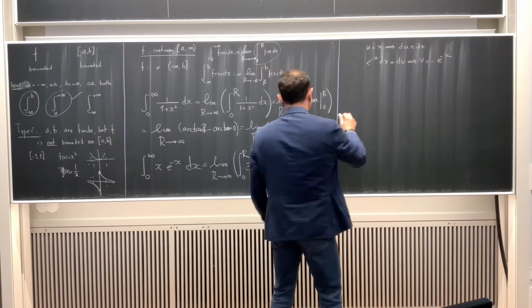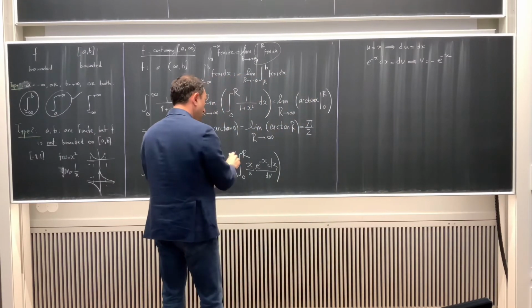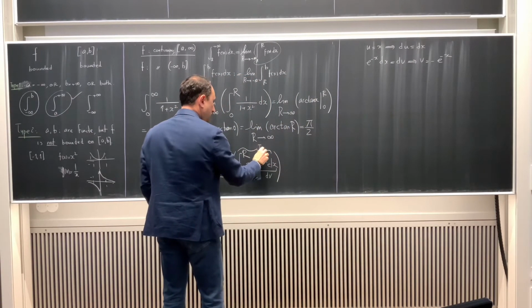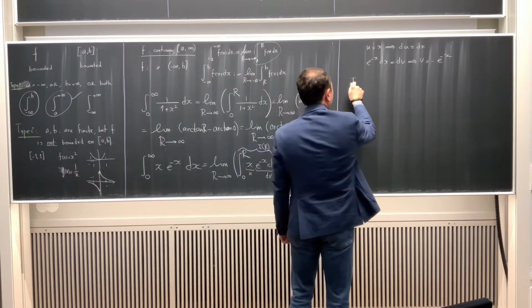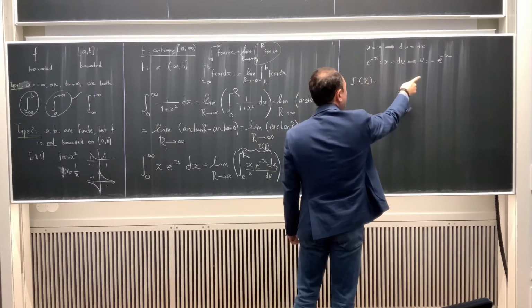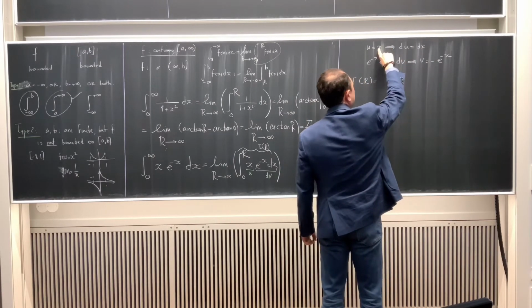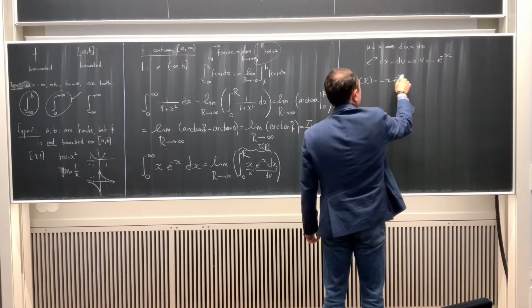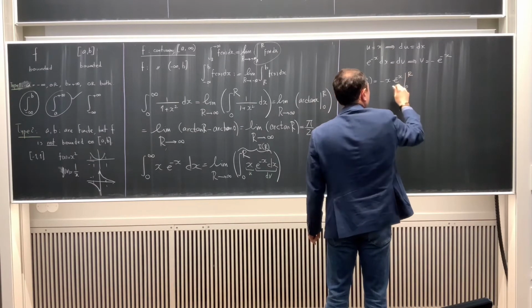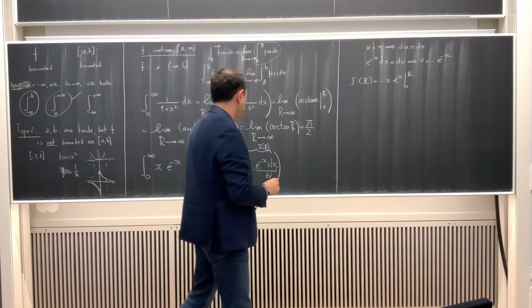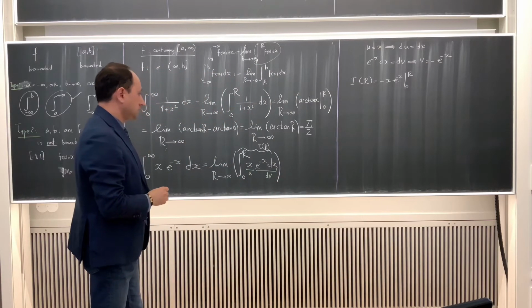Okay, so if you don't mind, let me call this integral I, but because it depends on r, let me write it as I of r. So I of r is equal to uv, u times v, but do you remember, I have to calculate it from 0 to r. That is the definite version of integration by parts.